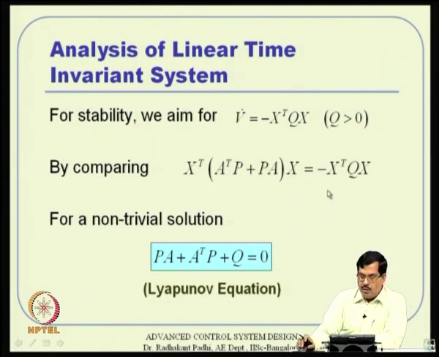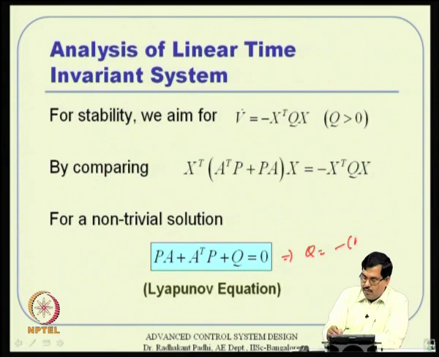So, if I select a P and select a Q which satisfy this Lyapunov equation, I am done. If I solve for Q, this expression gives me Q equal to negative of (PA plus A transpose P).